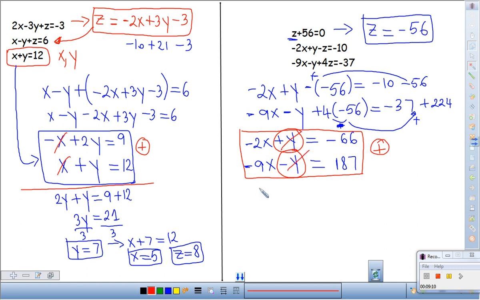Once we add them, we're going to have negative 2x minus 9x equals negative 66 plus 187, which means negative 11x equals 121, or x equals negative 11.